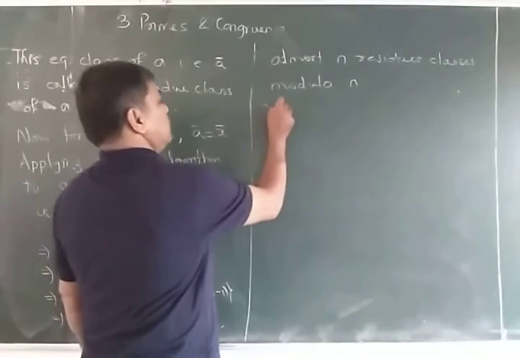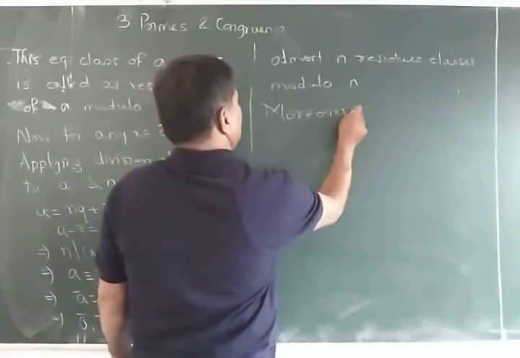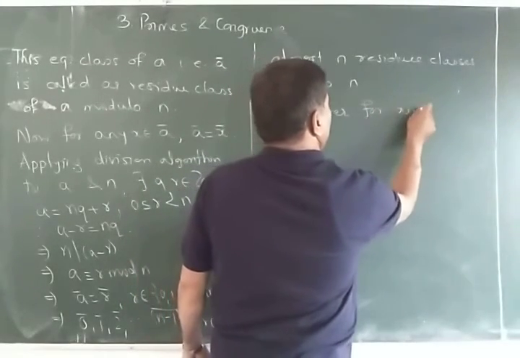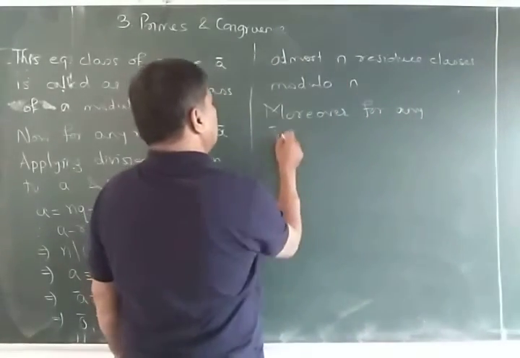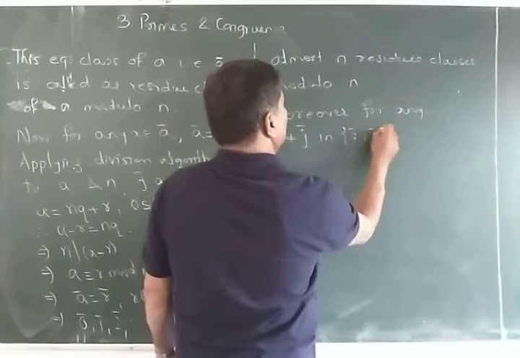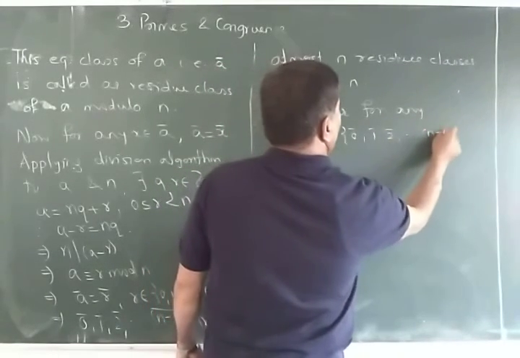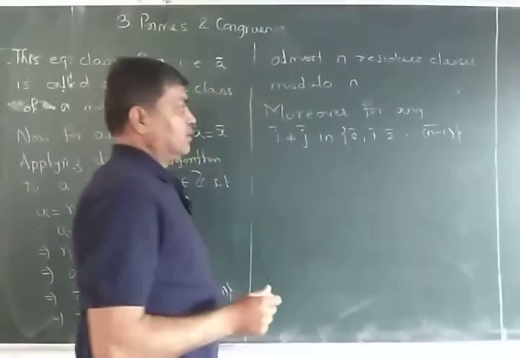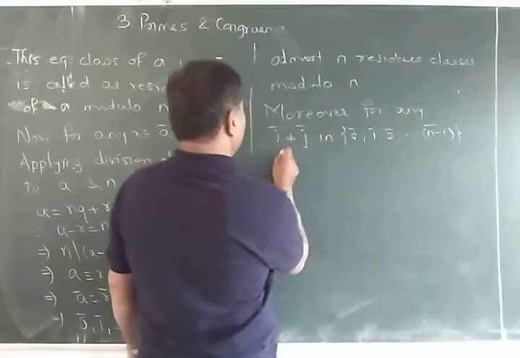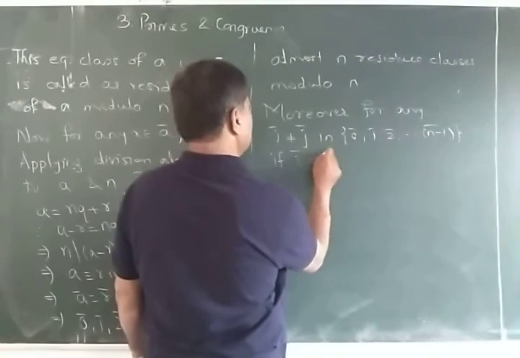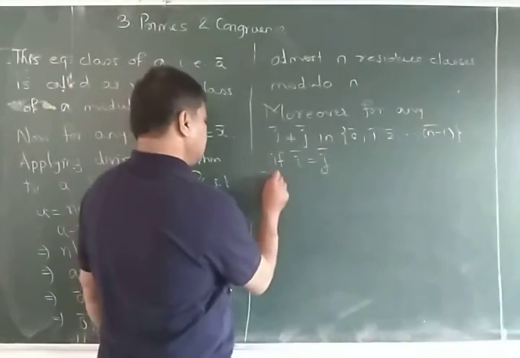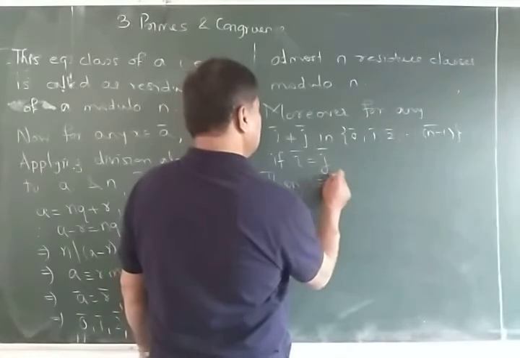Moreover, for any i bar not equal to j bar in 0 bar, 1 bar, 2 bar up to n minus 1 bar, if I assume that i bar is equal to j bar, then i is congruent to j mod n.